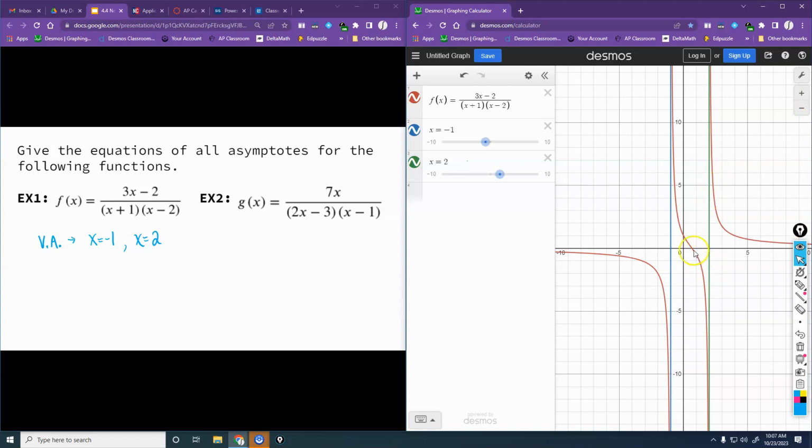It does cross the x-axis here. That is okay. You can cross whatever the horizontal asymptote is. What you're looking at is what happens on the ends. If it gets really close to a line on the ends, then that's a horizontal asymptote. So this one would have a horizontal asymptote at the x-axis.